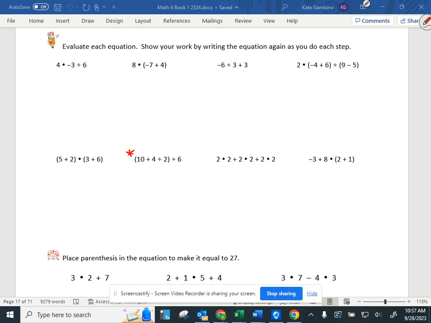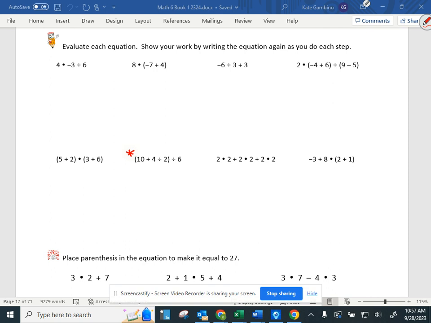Parentheses 10 plus 4 divided by 2, divided by 6. What's the first thing I'm going to do in that one? What do you think, Melanie? 4 times 10. What? Are you on the same one we are? Yep, we're skipping down to a challenging one.